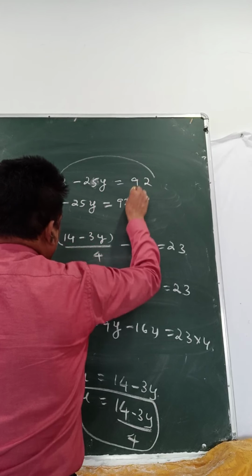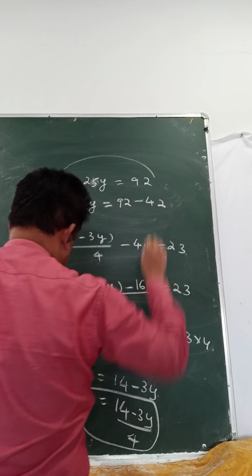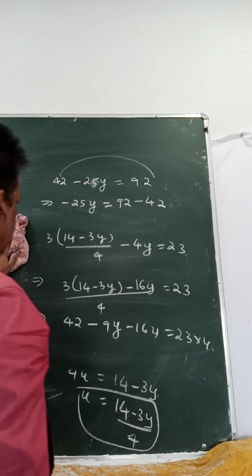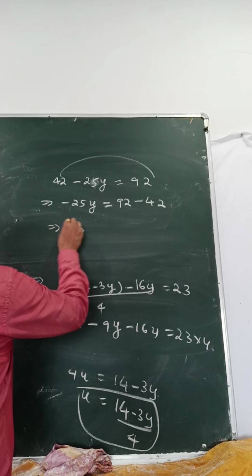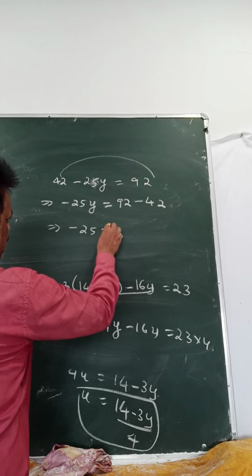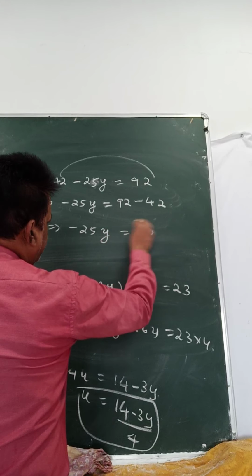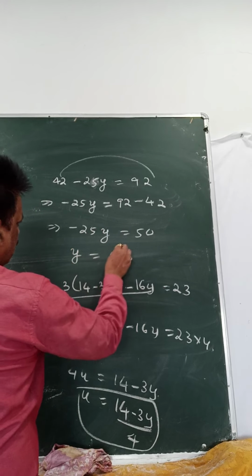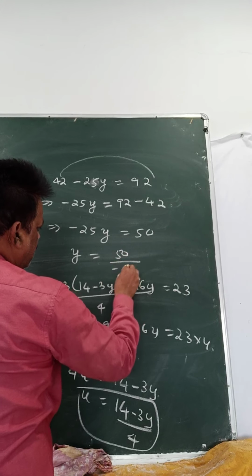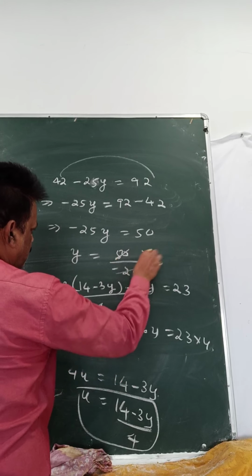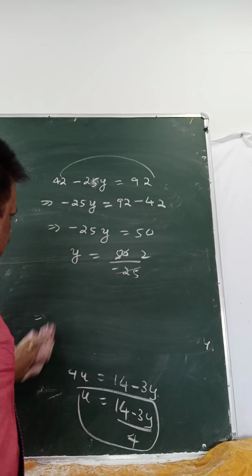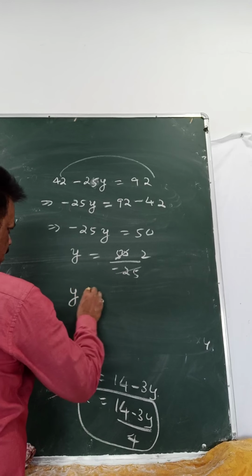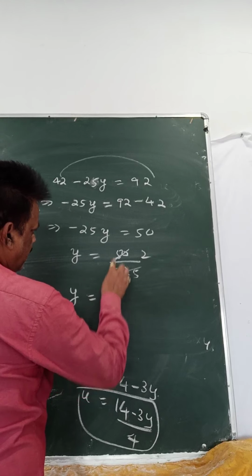This will come here, minus 42. This implies minus 25y equals 50. y equals 50 by minus 25. Cancel here 25. So what did you get? y equals minus 2.